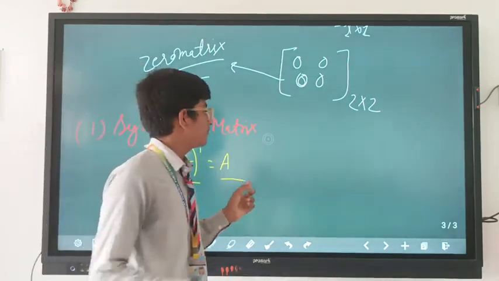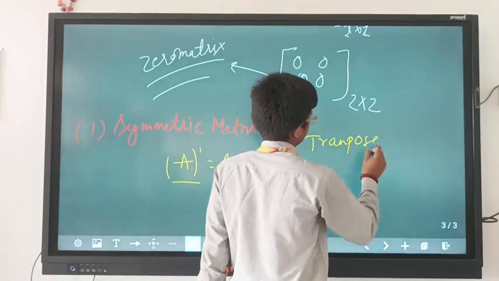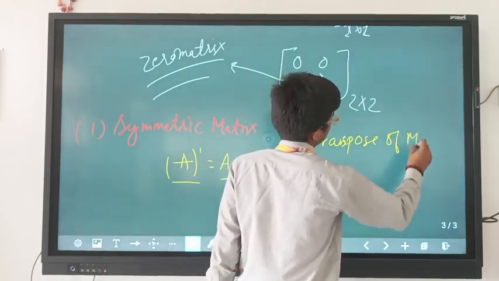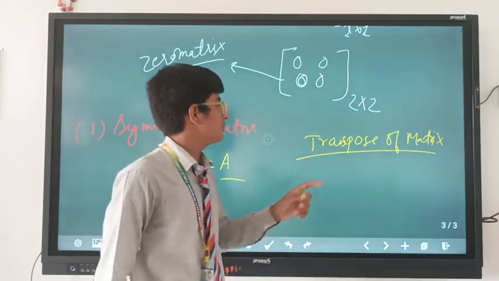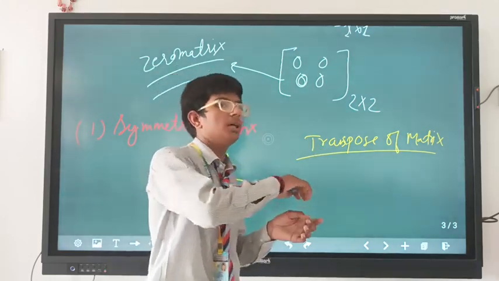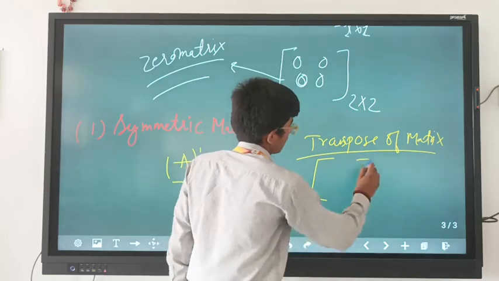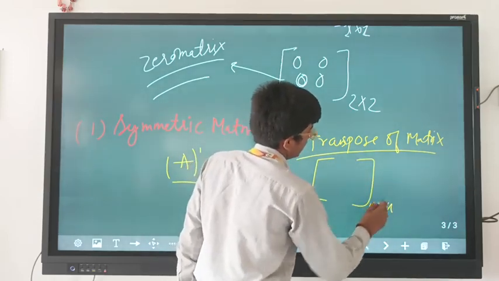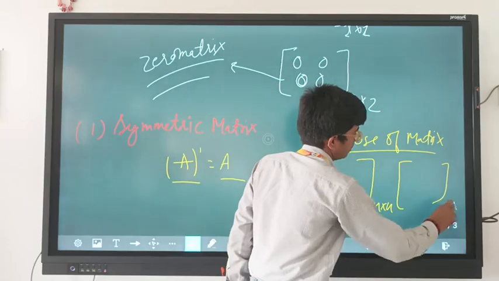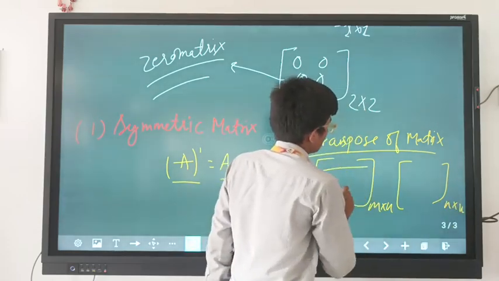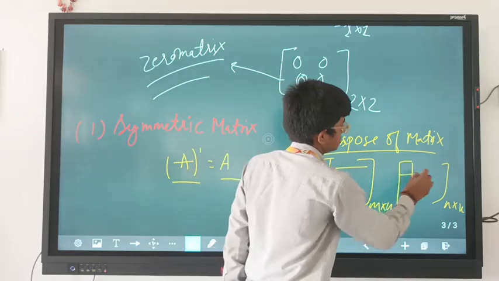The transpose of a matrix is basically converting all the elements of rows into columns. If we have a matrix of m cross n and transpose it, it becomes a matrix of n cross m, and all the elements of its rows come into its columns, and all its column elements come into its rows.